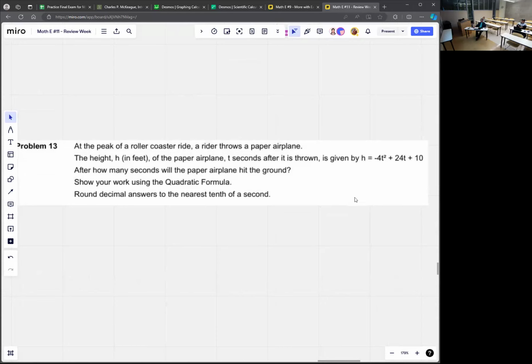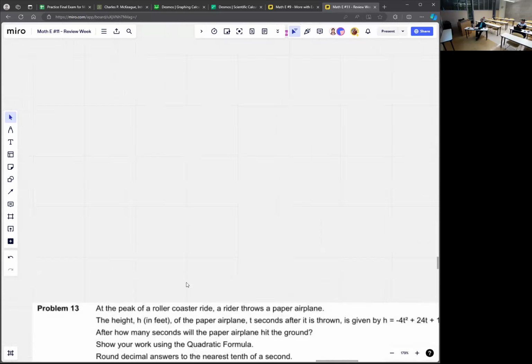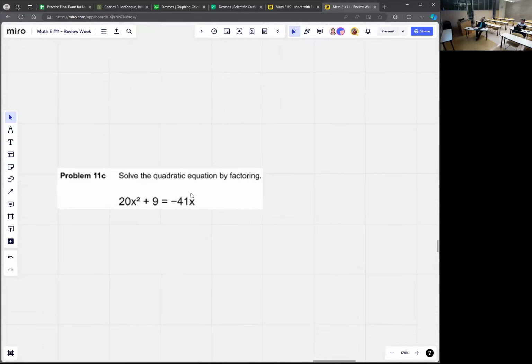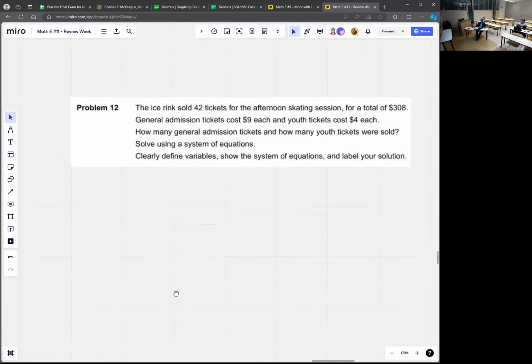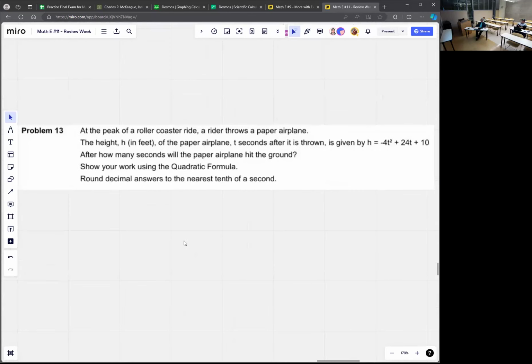Where is this zero? And remember that quadratic formula lets you solve these quickly. Can you use the quadratic formula here? No, because they say solve it by factoring. So they're not gonna let you take the shortcut and just plug in the quadratic formula. But for the word problem, they let you.